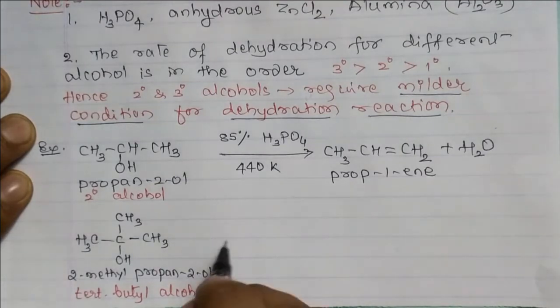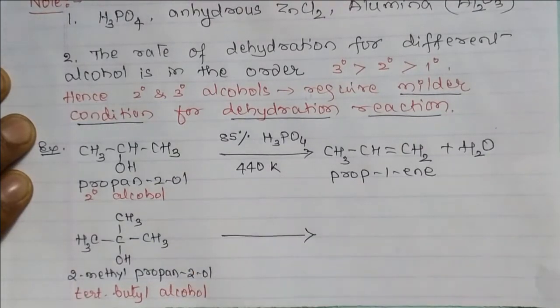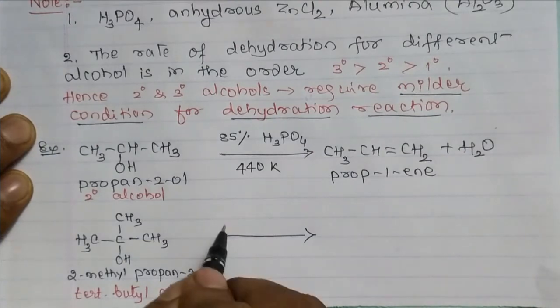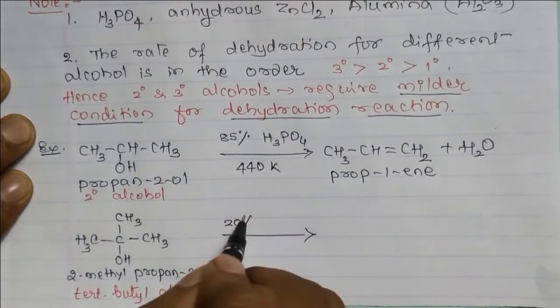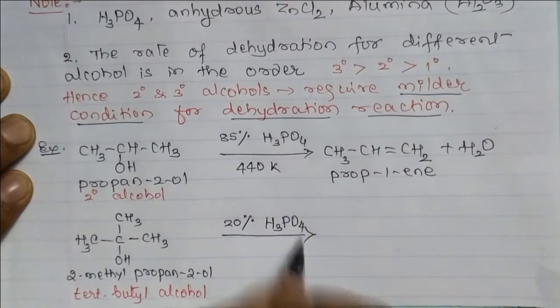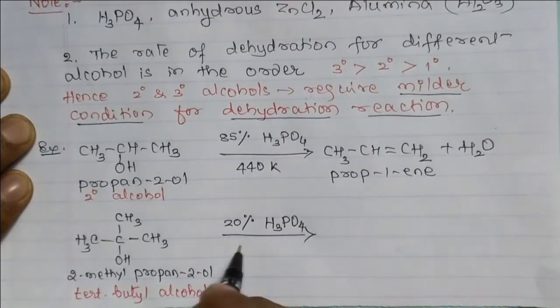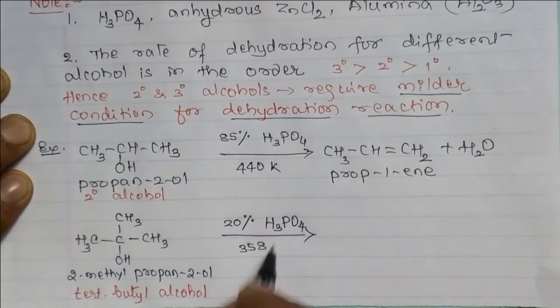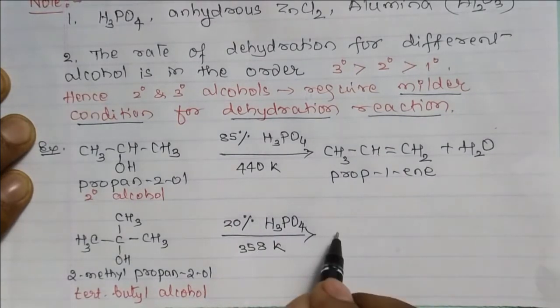Here we can use 20% phosphoric acid, H3PO4, a milder agent, and the temperature is also less, 358 Kelvin. At 358 Kelvin temperature, we are going to get an alkene.